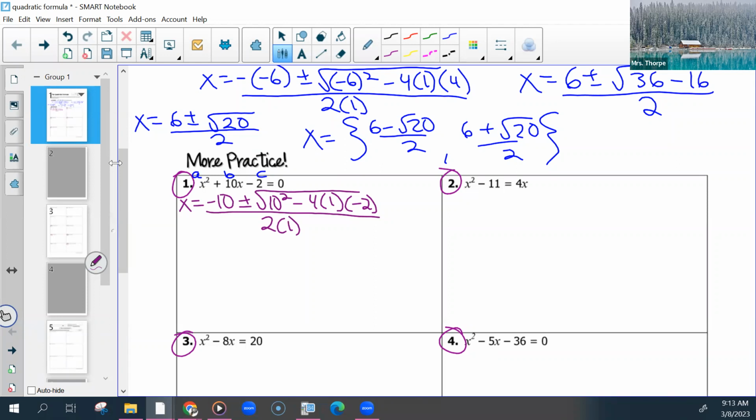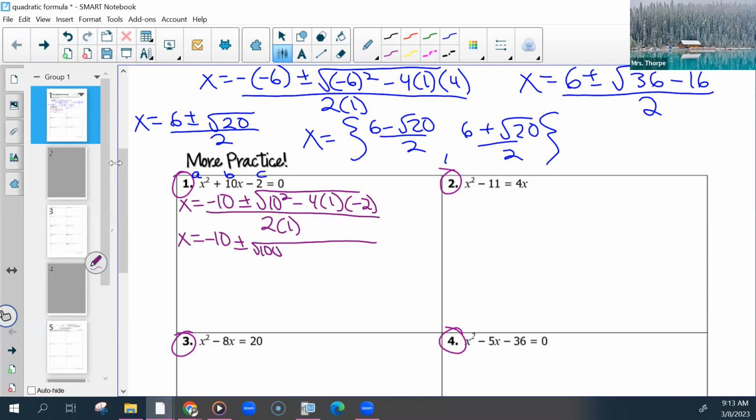Then we can start to simplify. Negative 10 plus or minus 10 squared would give us what? 100.